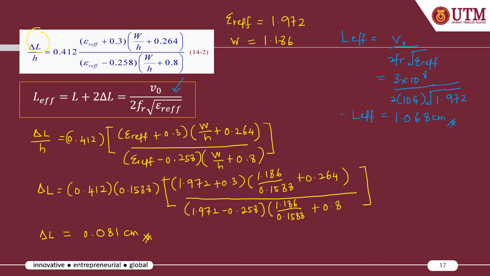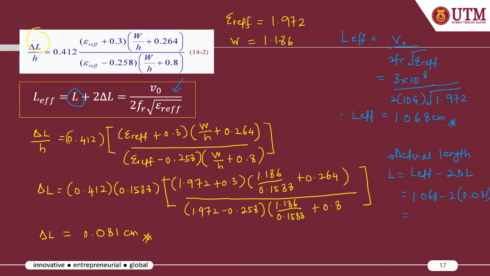Okay, so once you have the L effective, then you can get the actual length, right? From here, the actual length L equals L effective minus 2 delta L. So L effective is 1.068 minus 2 times delta L, 0.081 cm.